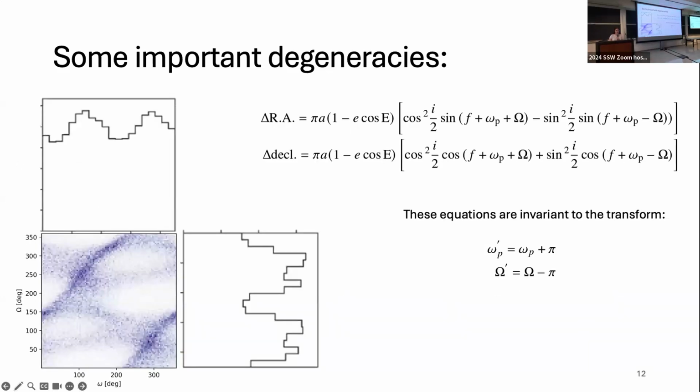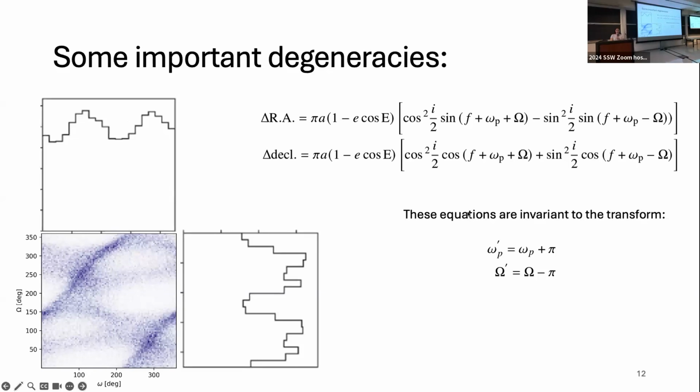Another important degeneracy has to do with two of the angles, the position angle of nodes and the argument of periastron. The position angle of nodes is the one that rotates the line of nodes in the plane of the sky. And then argument of periastron rotates the orbit within the orbital plane. So it just changes the location of where that periastron passage is.